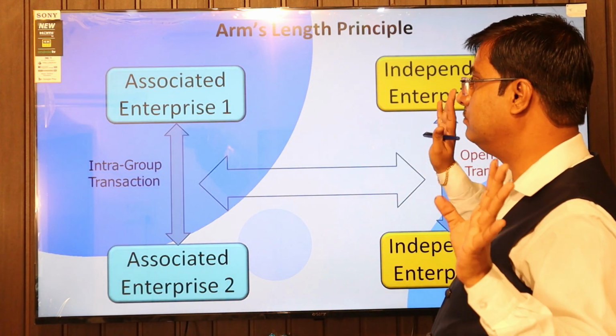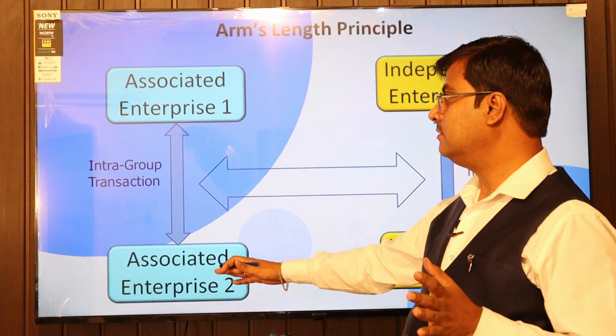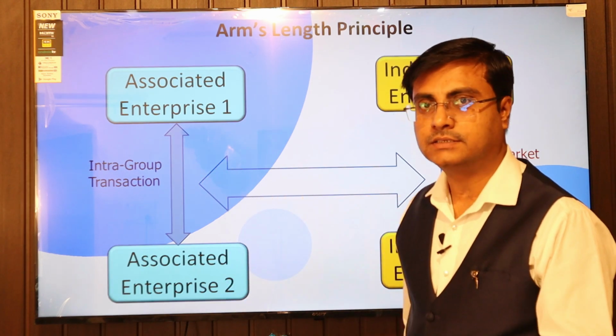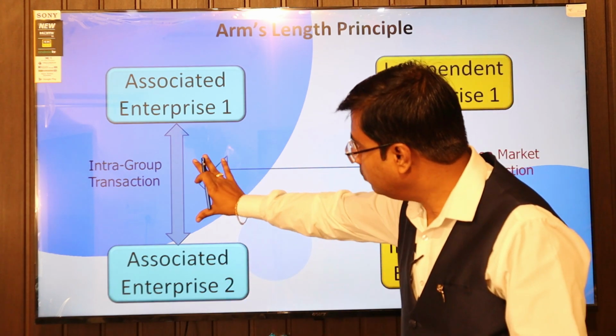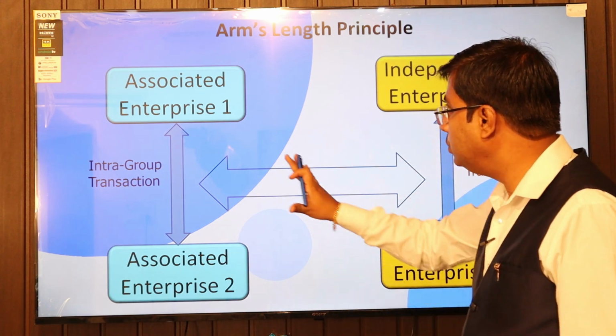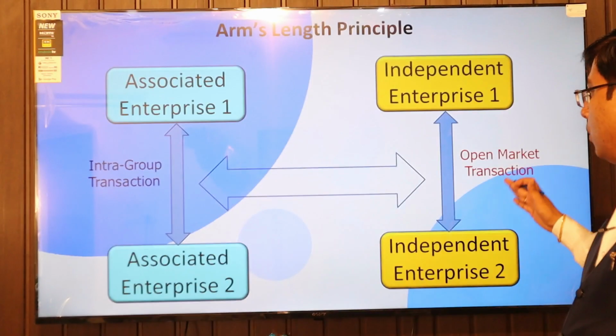What is the arm's length principle? As I discussed, two associated enterprises deal in some intra-group transaction. For the purpose of testing the arm's length principle, we have to see what the comparable uncontrolled transaction in the open market is, what the price is. The same transaction will apply to these associated enterprises.